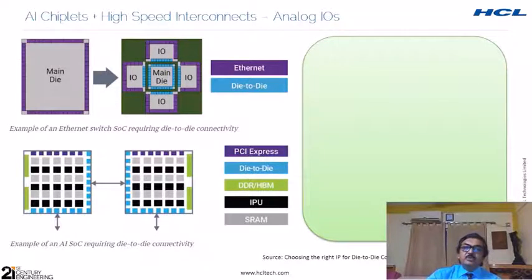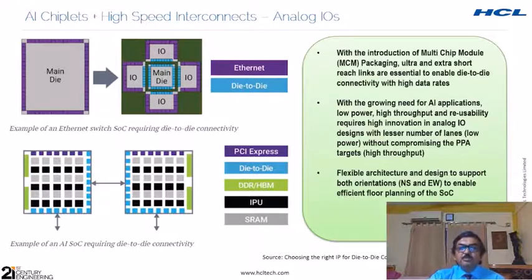Let us now talk about a few trends in IC design that are happening today. A lot of these ICs are now being designed as what is called a multi-chip module, or MCM, where multiple dies are packed into the same IC.